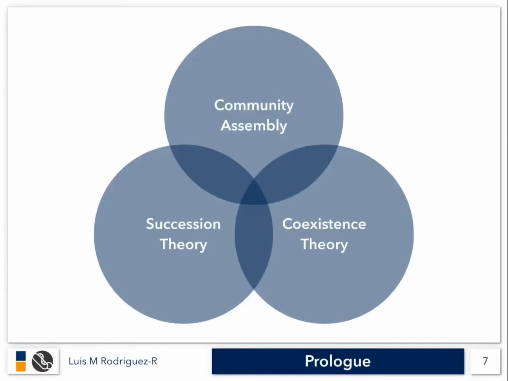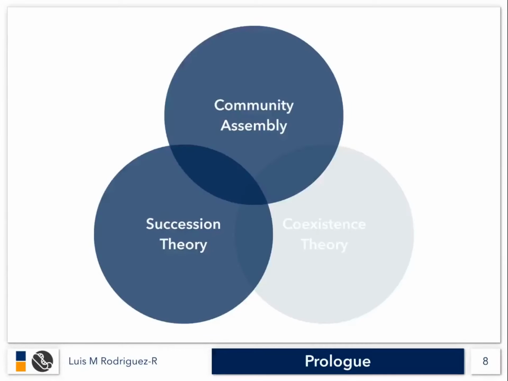Traditional ecological theory indicates that the number of species should be limited by the number of limiting factors, but we know now that the actual number of species that live in a given place is much higher than that, and it's even higher for microbes. So this coexistence theory is the mathematical formulation of that problem. But in fact, in this talk, I will be focusing on the first two concepts. I will not be discussing the mathematical principles of coexistence theory.